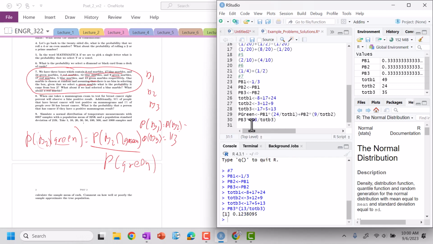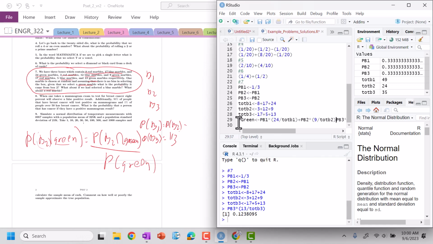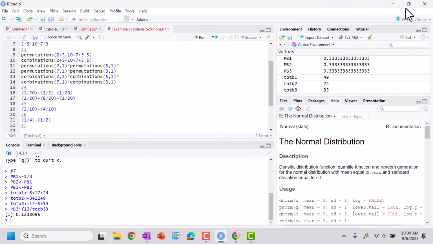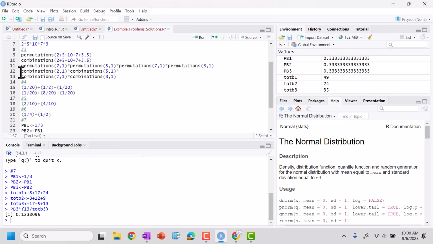And we can look at that and see the value right here. Actually, let's not have that on that line. Let's go back to the previous problem for a little bit and put the combinations here so that we can see these.